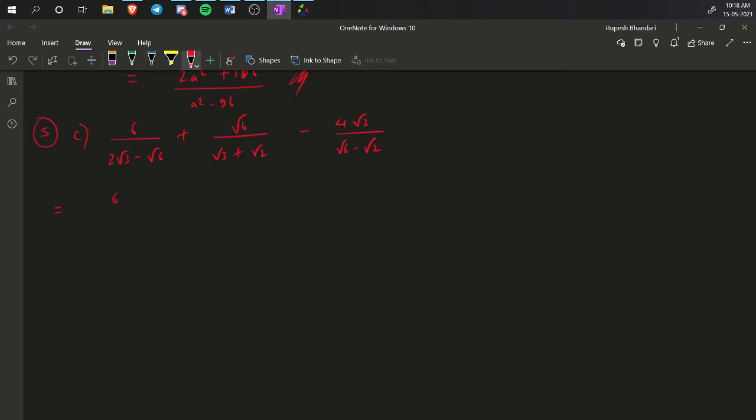Yeah, so let's convert this 2 under root 3 under root 6 into 2 under root 3 plus 2 under root 6, under root 6, yeah. Under root 6 under root 3 plus under root 2 into under root 3 minus under root 2, under root 3 minus under root 2.